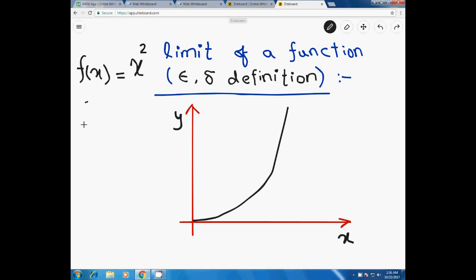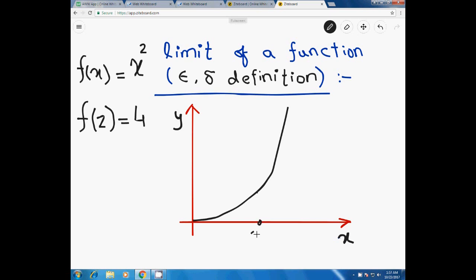Note that at x is equal to 2, the value of the function is 4. So at x is equal to 2, this is, for example, this point.